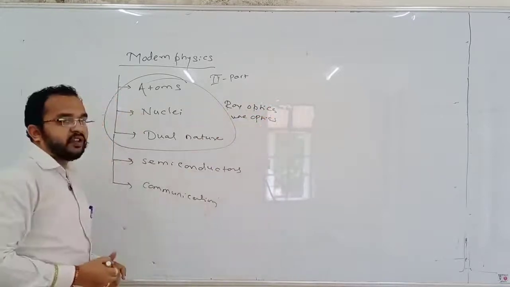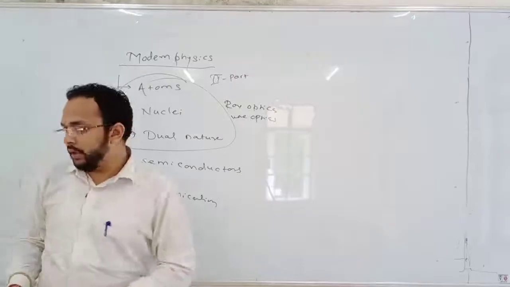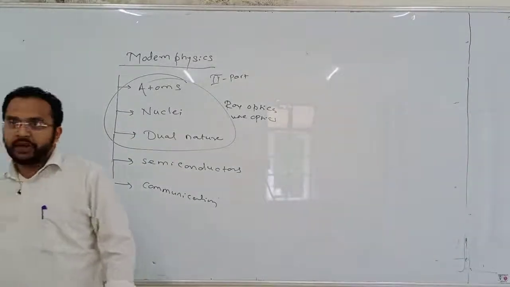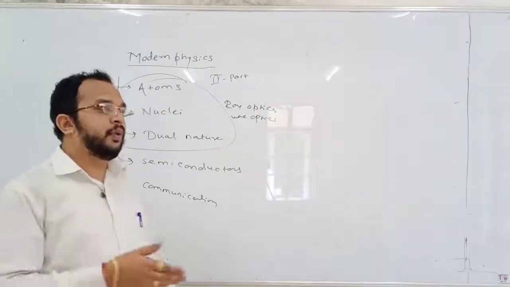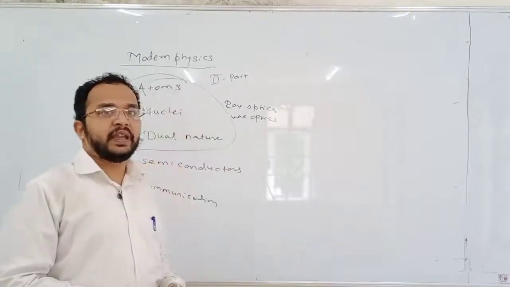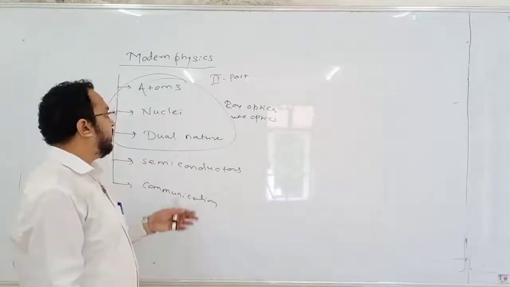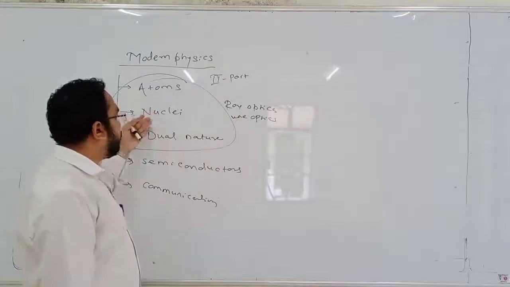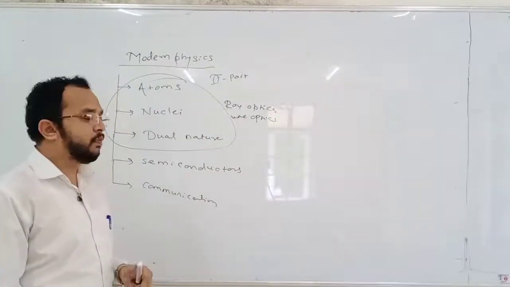If you are not going for engineering, you just want to do Bachelor of Science, then Master of Science, and then PhD, then ray optics, atoms, nuclei, and dual nature are very important chapters.